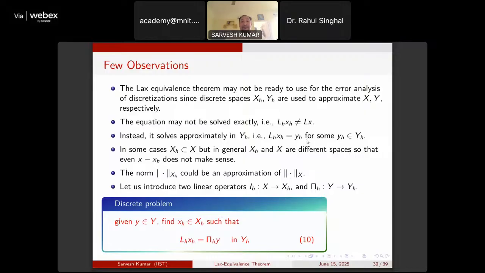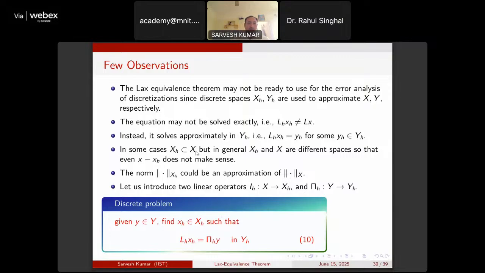But now there are issues. If you have the XH space, so far we are dealing with only X, there was no XH. But if you take X in finite dimension, I have to work with the finite dimension. That's all. So this XH may not be a subset of X. What we do with X, I may not do with XH. So if XH is not a subspace of X, how do we apply the Lax equivalence theorem?